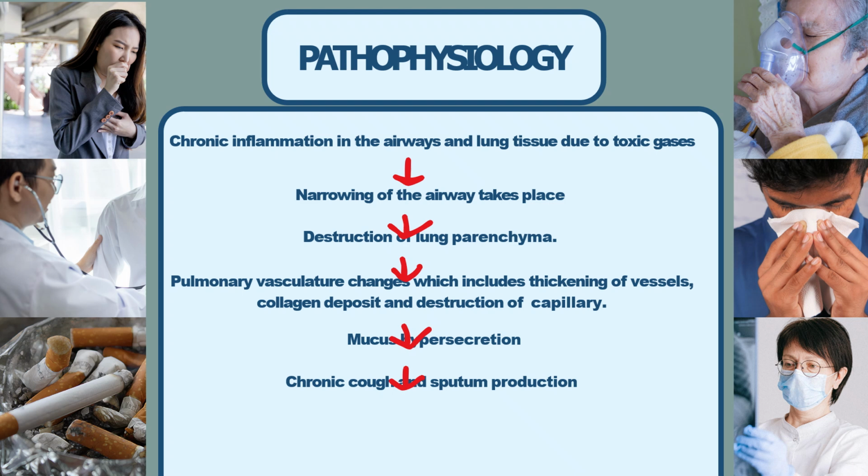That further brings changes in the pulmonary vasculature, which includes thickening of the vessels, collagen deposit, and destruction of the capillaries, and that releases lots of fluid around, and that leads to mucus hypersecretion. And when there's mucus hypersecretion, that leads to chronic cough and finally sputum production.